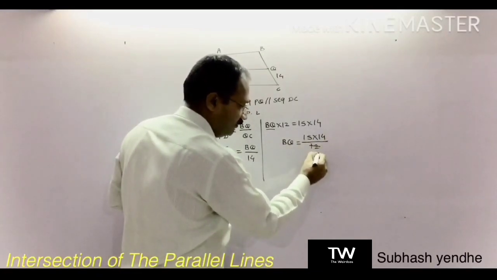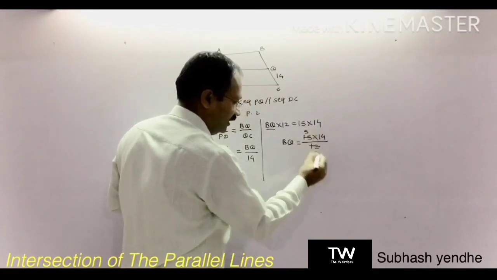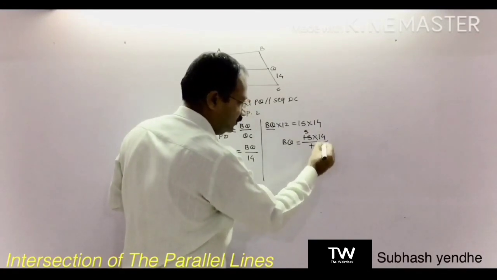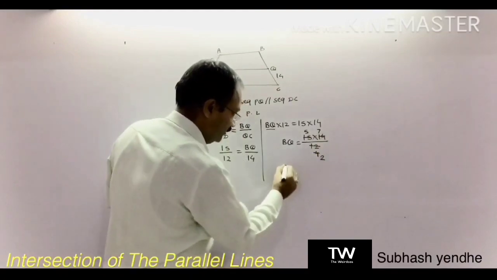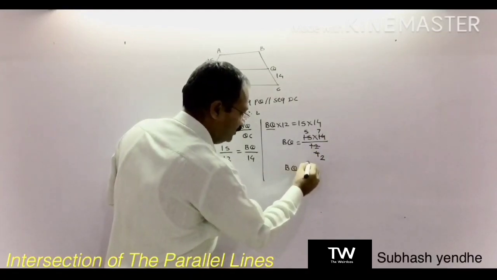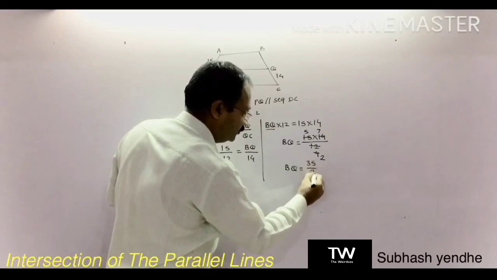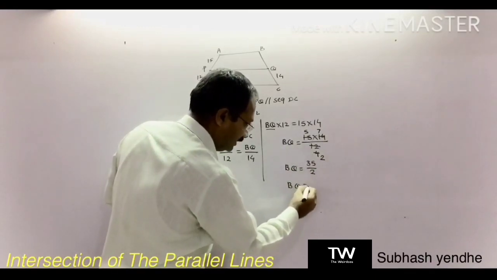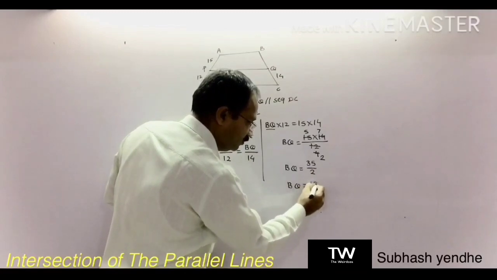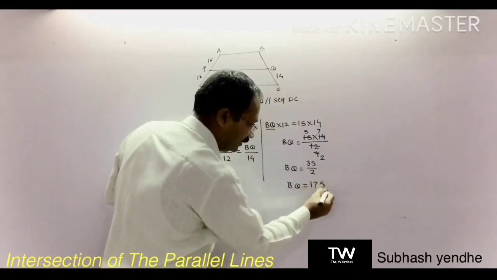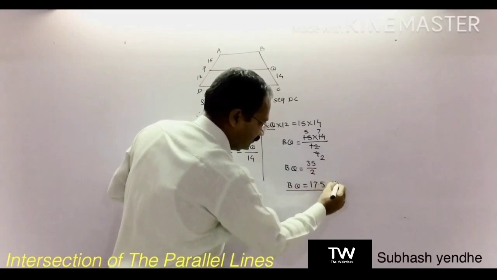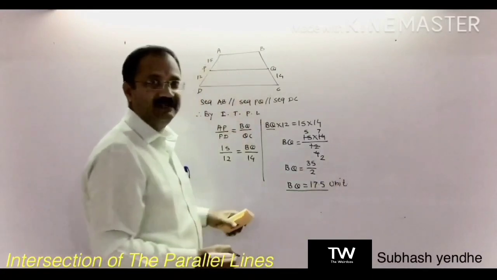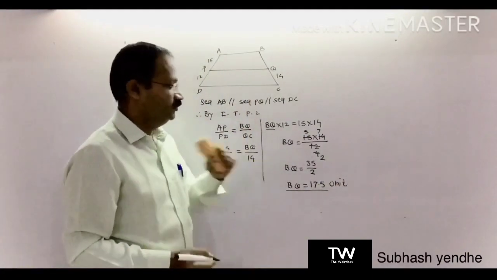So your answer is 35 upon 2. Therefore you will get 17.5 units.